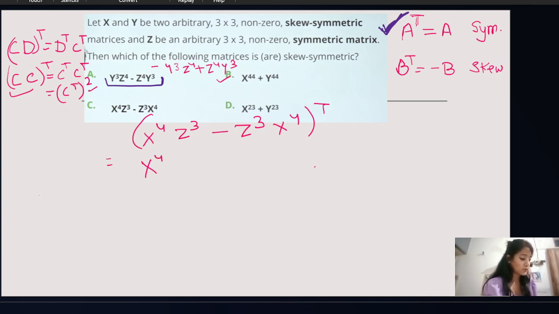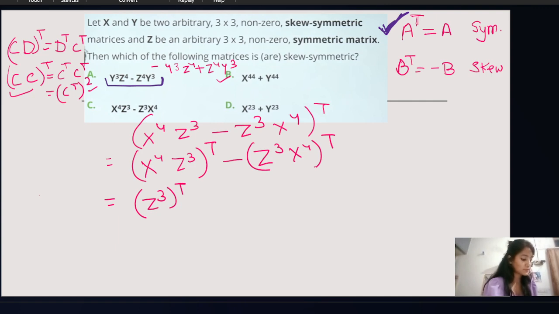So here you will get X^4 Z^3 transpose, and here we are getting Z^3 X^4 transpose. So from here we have to interchange: Z^3 transpose X^4 transpose minus, sorry, X^4 transpose Z^3 transpose.